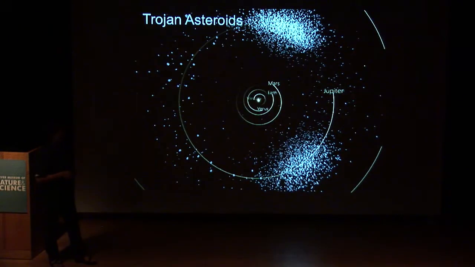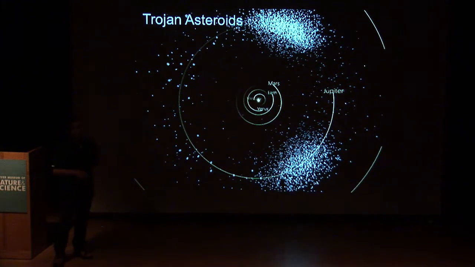But there are also asteroids known as the Trojan Asteroids, which orbit roughly where Jupiter's orbit is, but either lag or lead Jupiter. Jupiter is going in this direction, and there are a bunch of asteroids about 60 degrees behind Jupiter, and then another set of Trojans about 60 degrees ahead of Jupiter.